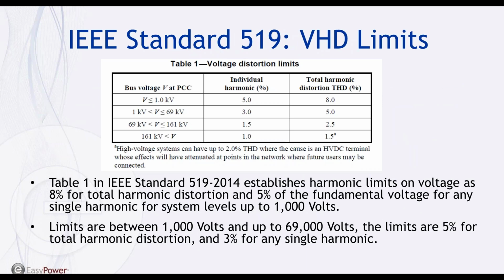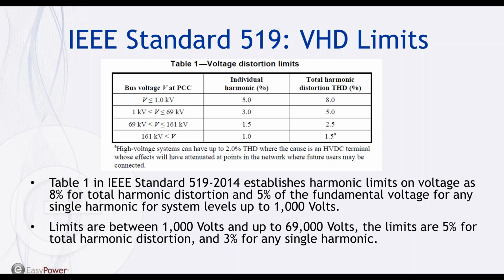So this is Table 1 that's in IEEE Standard 519-2014, as we can see here. That establishes the harmonic limits on voltages as 8% for total harmonic distortion, and 5% of the fundamental voltage for any single harmonic. This is for system levels up to 1,000 volts.